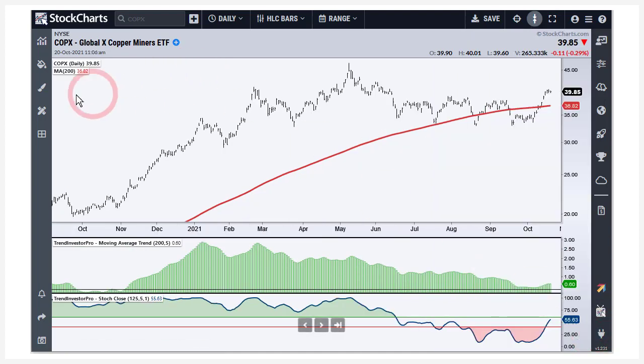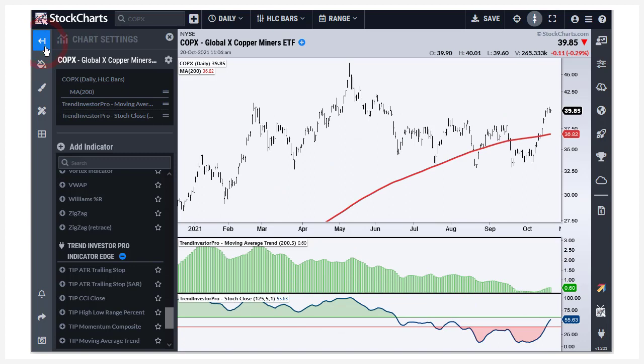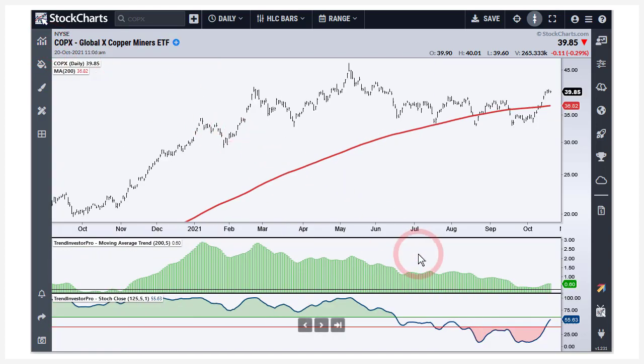plugin. So what we've got here over on the upper left is I've got the 200-day moving average in red on the main chart. I've got the direction of the 200-day moving average in the first indicator window, and I've got Stoke Close in the second, the lower indicator window. And I chose Stoke Close because I like it to identify trends and to rank ETFs.